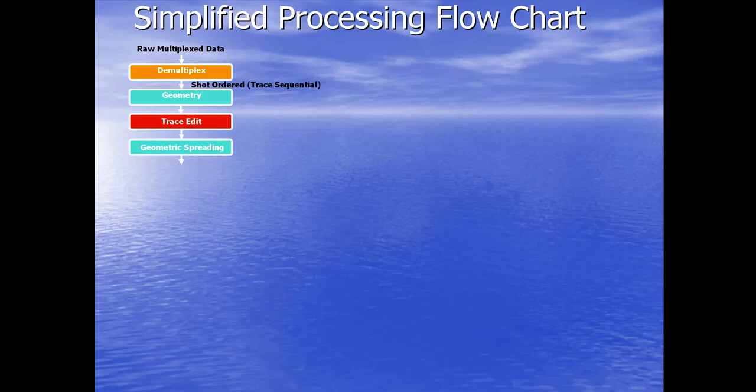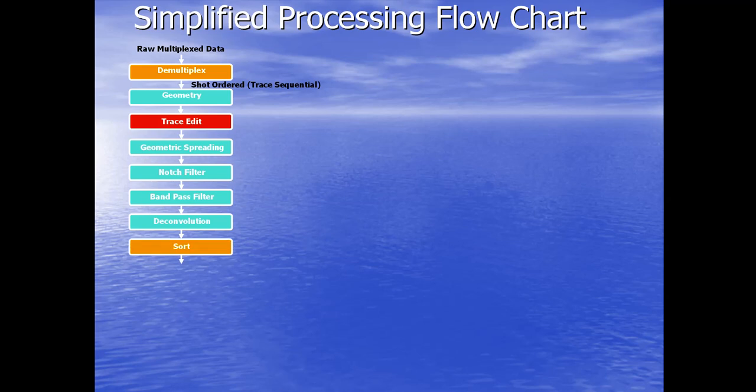We do the editing of the traces, and based on the geometric spreading, there are a lot of filters we can apply, such as the notch filter. The notch filter is usually used for a certain band of frequency, and then we can also apply the band pass filter and the deconvolution operator. The deconvolution operator is used to enhance the signal to noise ratio.